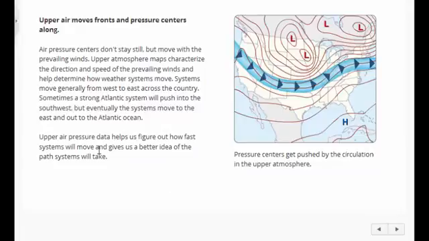You need to also look at the upper air pressure to see how fronts are moving. Why is that? Because you need to know how the pressure changes and the circulation of upper air. So make sure you know that surface maps alone don't tell us everything we need to know. You need to look at the upper air in order to see what the air circulation is like.